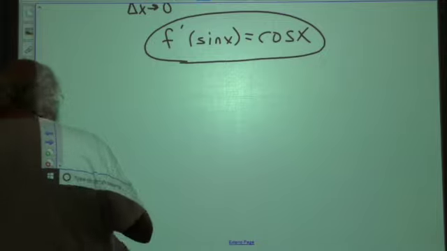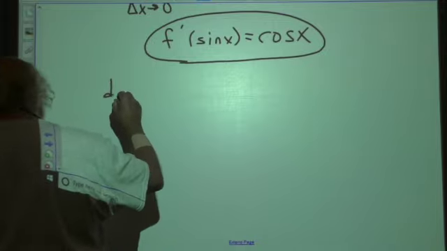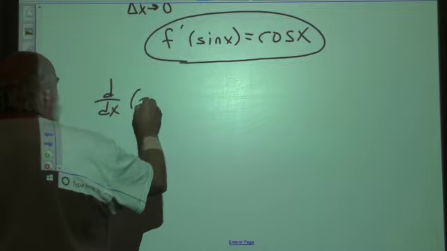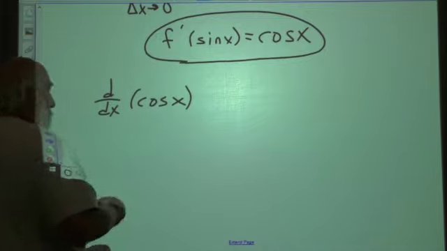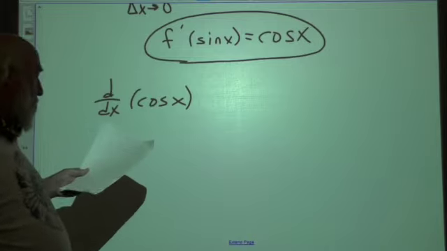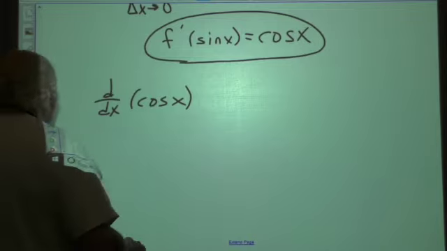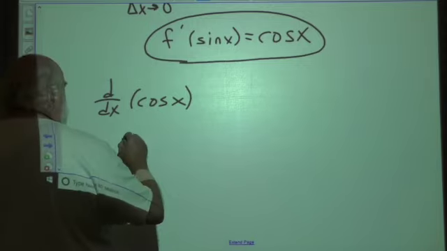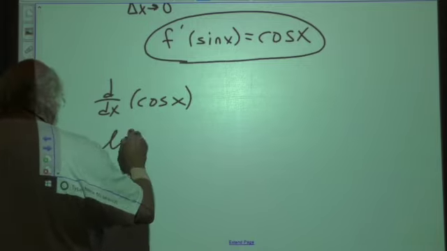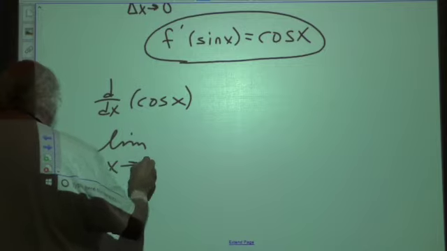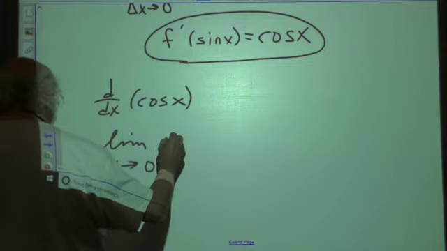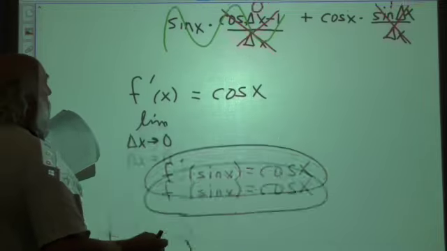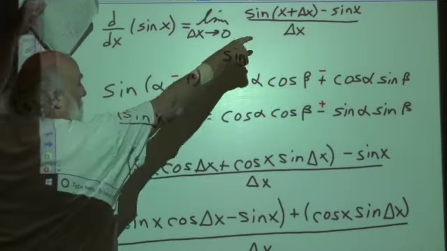Okay, now let's do the same thing with the cosine of x. The d/dx of cosine x, so we're going to find out what the derivative of cosine x is. We're going to go through the same thing, looking at the limit as delta x approaches 0, and plug that into our definition of slope, which is that thing right there.